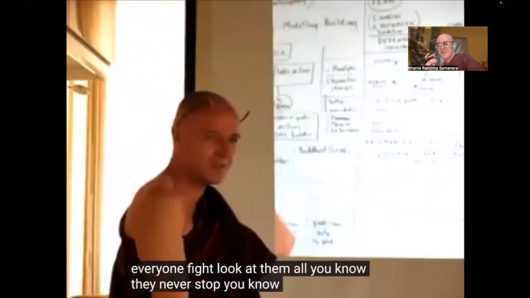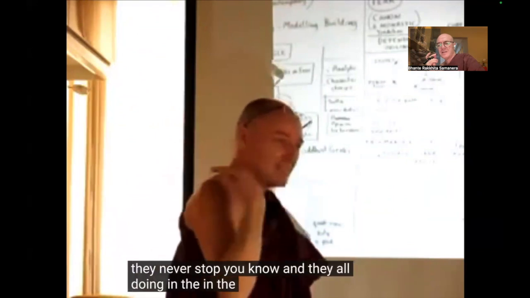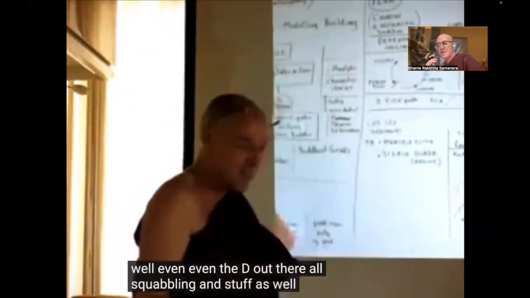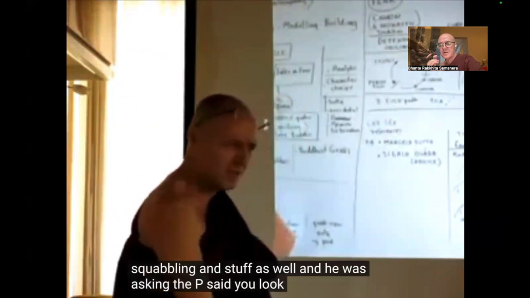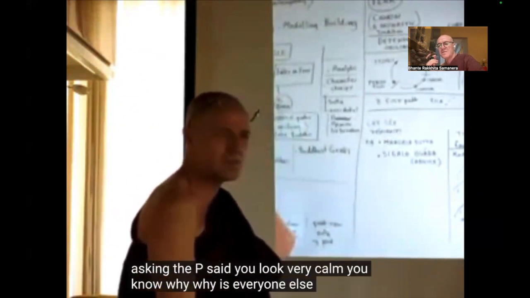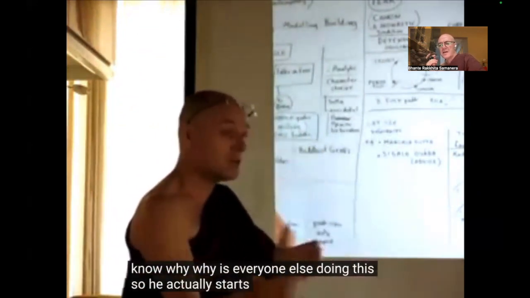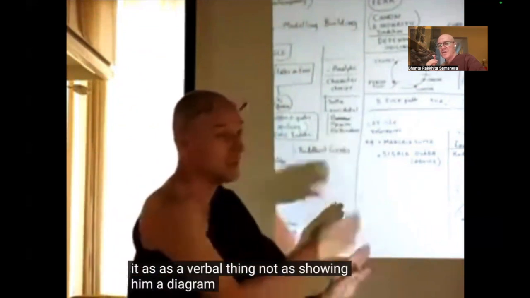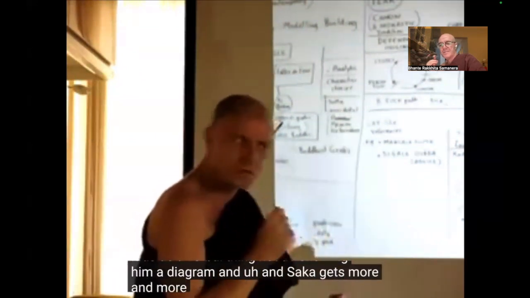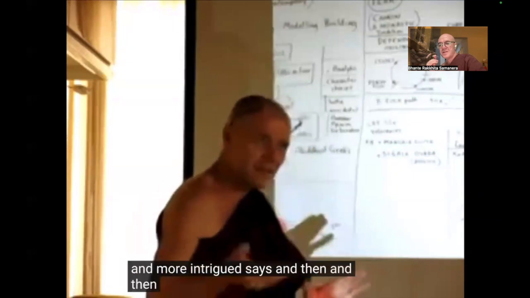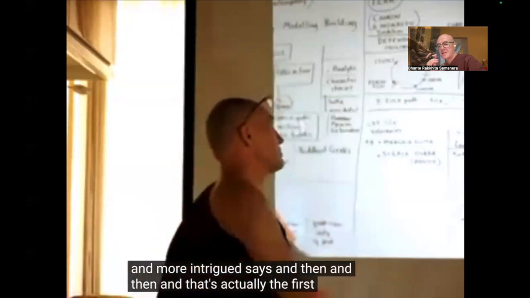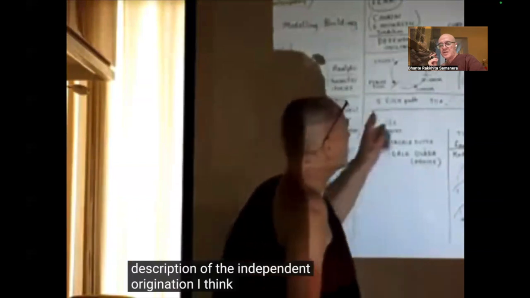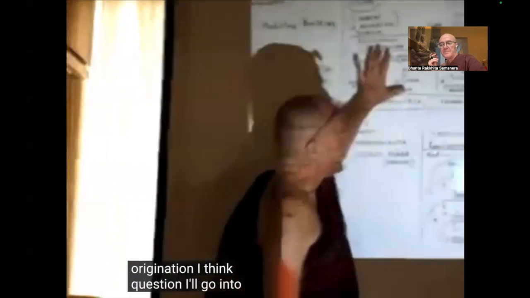Sakka, the king of the devas, asked why they never stop fighting; even in the celestial realms the devas are all squabbling. The Buddha was very calm. He actually starts just by teaching verbally, not showing it as a diagram, and Sakka gets more and more intrigued and says, and then? That's actually the first description of the dependent origination, I think.